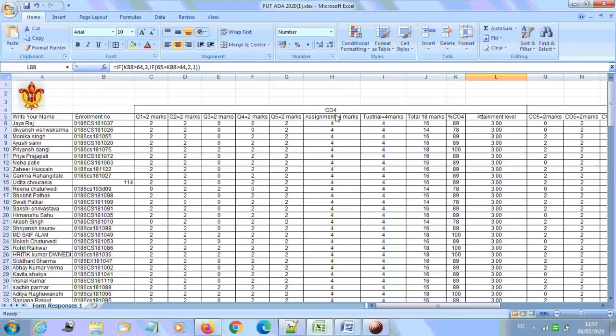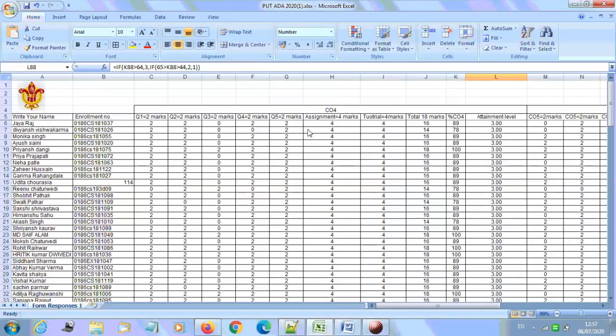In mid-semester 2, from the 4th unit, I have given 5 questions of 2 marks each. Question 1 has 2 marks, question 2 has 2 marks, question 3 has 2 marks, question 4 has 2 marks, and question 5 has 2 marks.